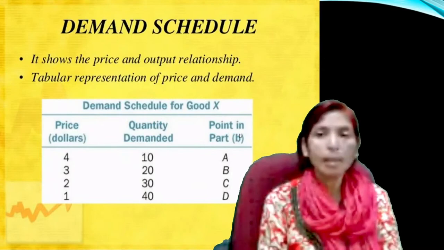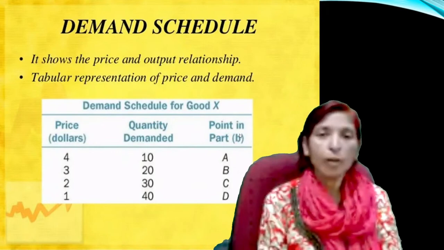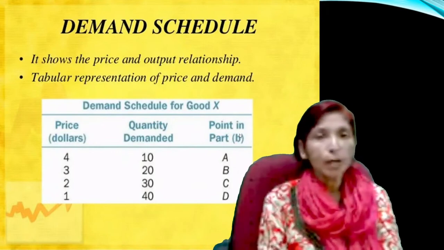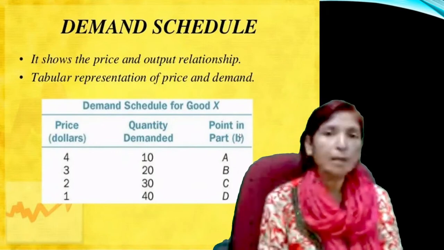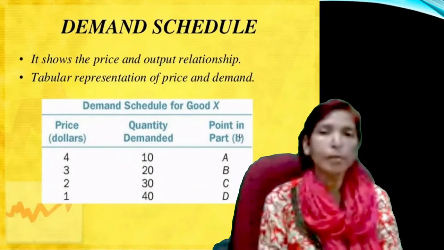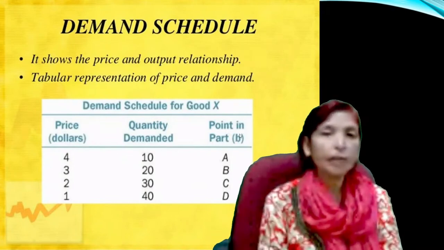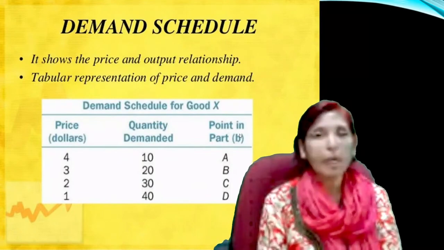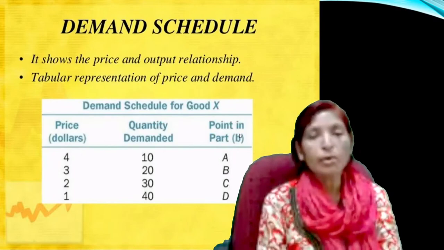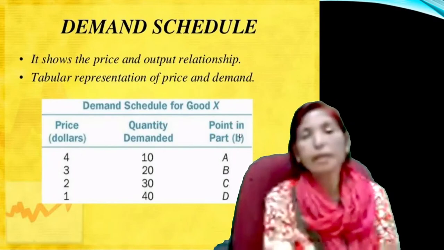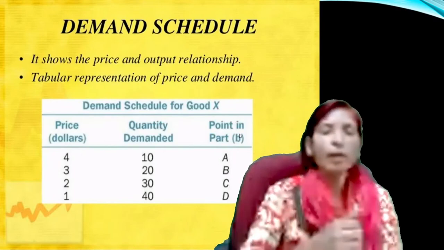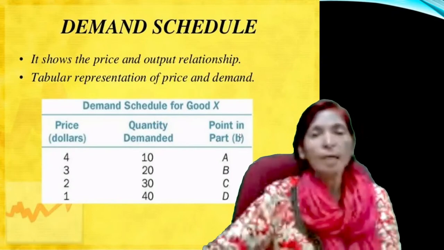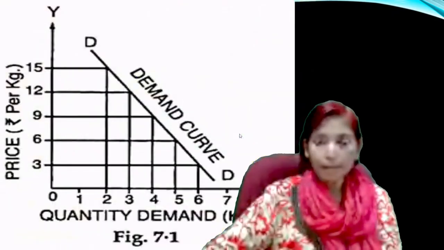Quantity demanded is 10, 20, 30, 40. If we are showing this inverse relationship between price and quantity demanded with the help of a table, that is called a demand schedule. So a demand schedule is a tabular presentation of different quantities of a commodity at given prices.